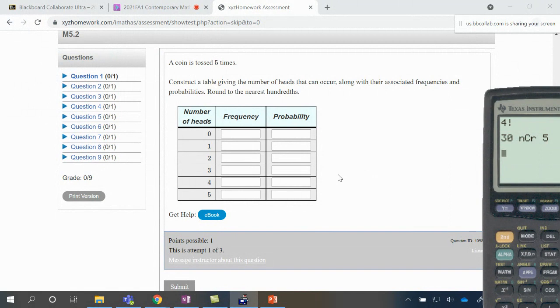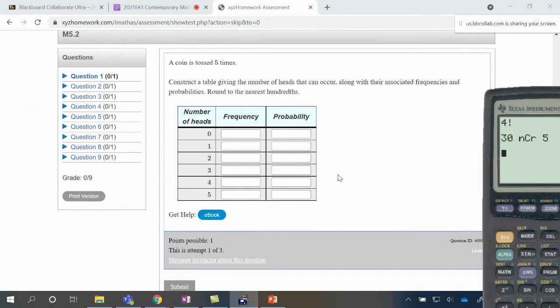We're asked to round to the nearest hundredth. As we look at the chart, in the very first column, we have the number of heads. The second column is the frequency, and the third column is the probability. The first thing we'll do is determine the frequency, and we're going to determine the frequency by using a combination.